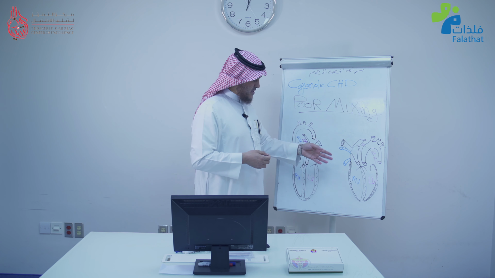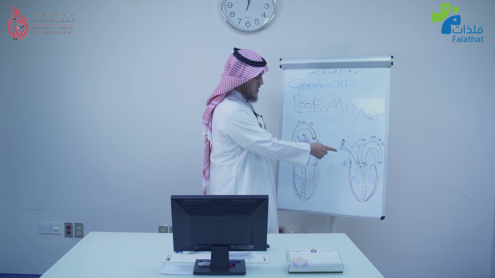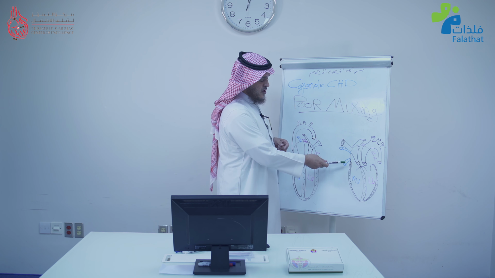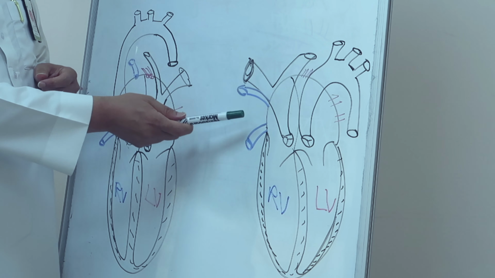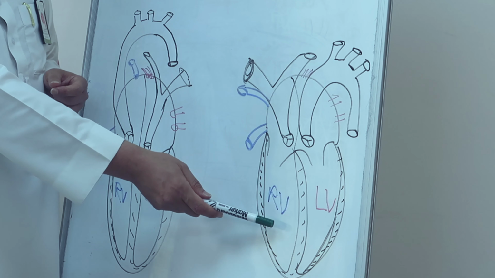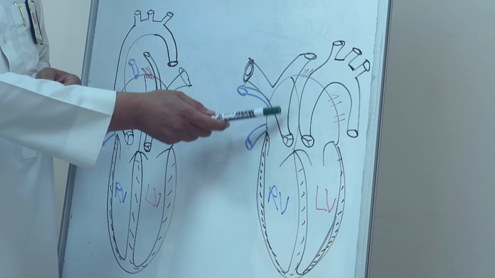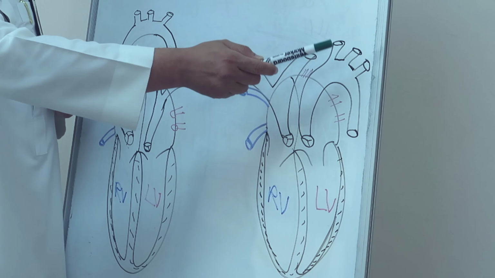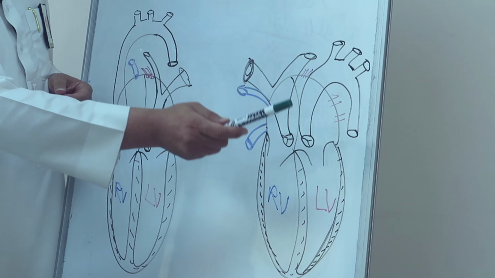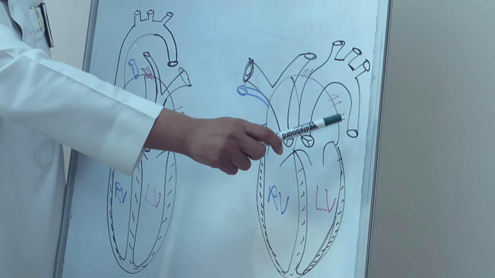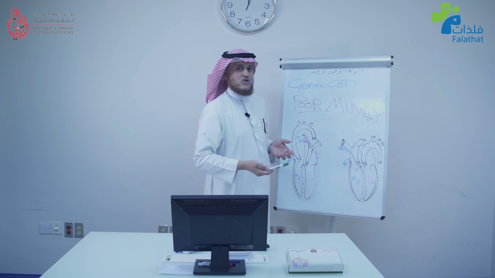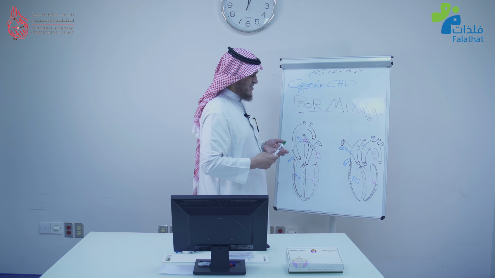So let's go and see how it is circulation in succession. If we start with the venous blood flow from the inferior vena cava and the superior vena cava, when it reaches the right atrium, it gets directed to the right ventricle, from the right ventricle to the pulmonary artery, from the pulmonary artery to the lungs, to the pulmonary veins, from the pulmonary veins to the left atrium, to the left ventricle, to the aorta, to the descending aorta, back to the body, and then back as a venous return to the IVC and superior vena cava. That's circulation in succession.